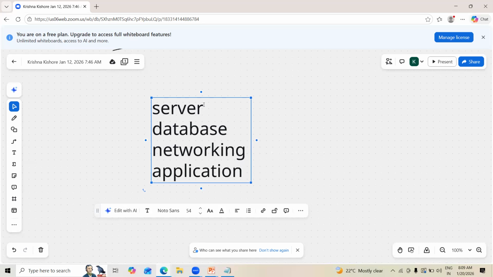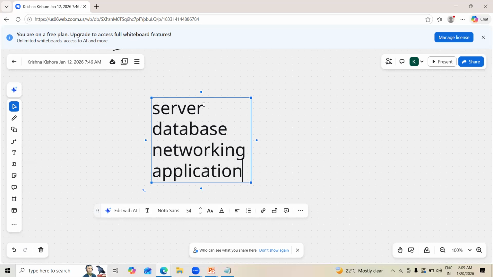That also comes under the infrastructure. So broadly we have servers, databases, networking, applications. These are the different types of infrastructure-related components available in on-premises and in cloud also.